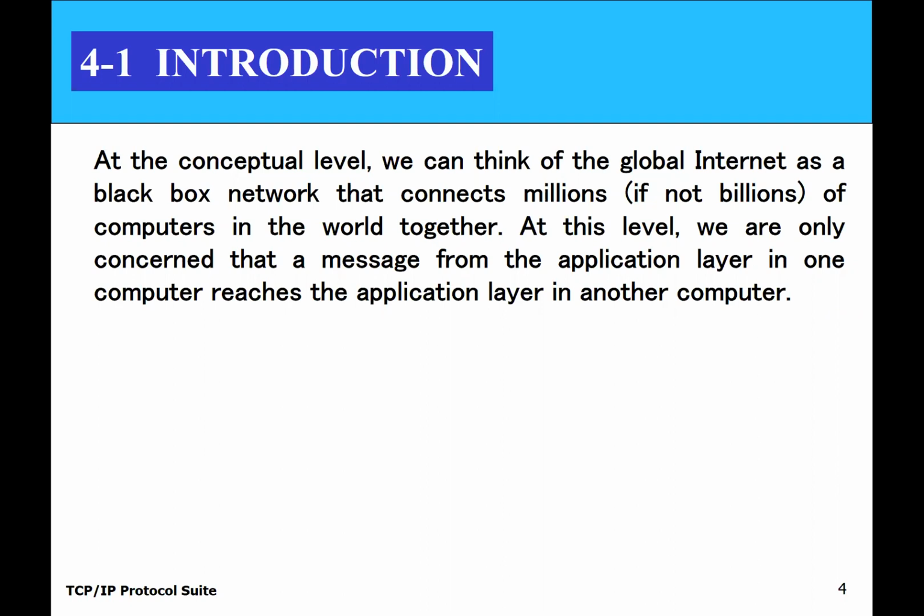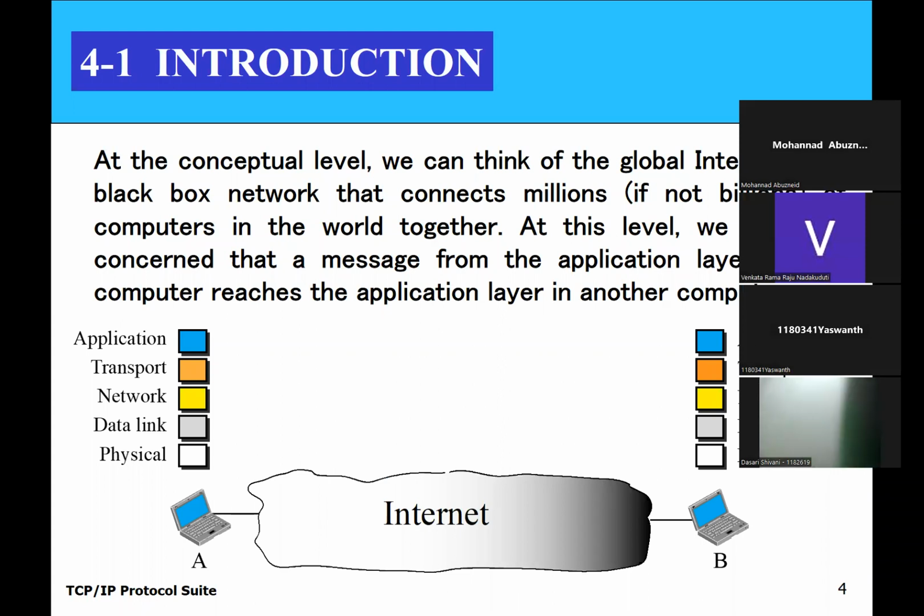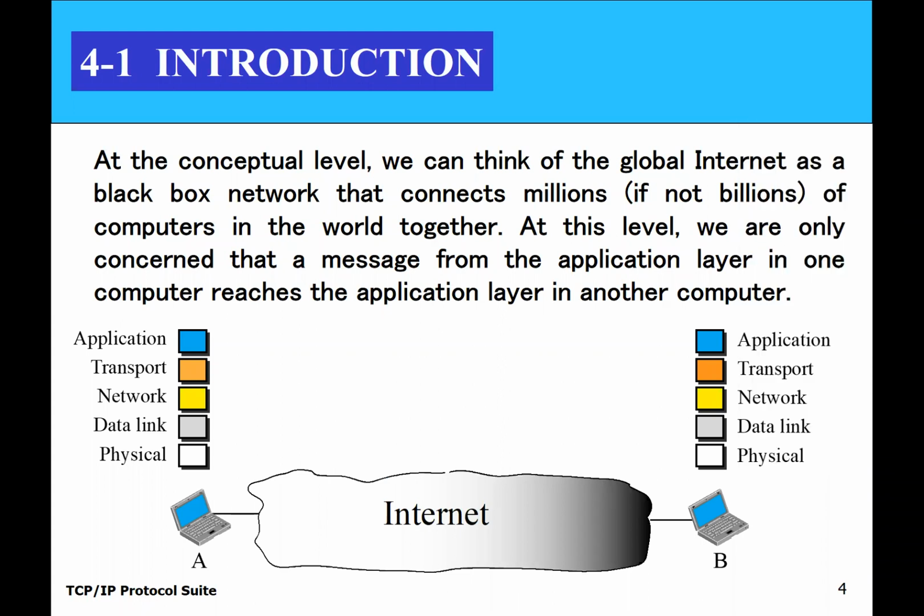Okay, and what we have to think about the internet, it's a black box. For me, when I'm trying to send from A to B, it has to go through a process. What's between A and B is just the internet. Think about it as just a black box. You don't know what exactly is happening inside because there are protocols, there are rules managing the communication between host A and host B.